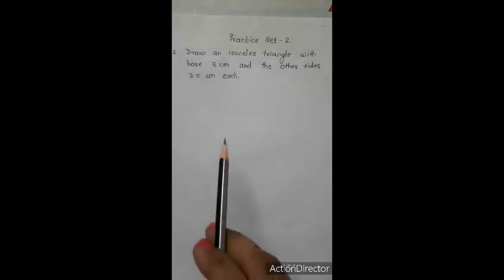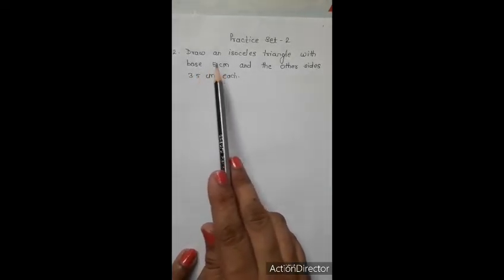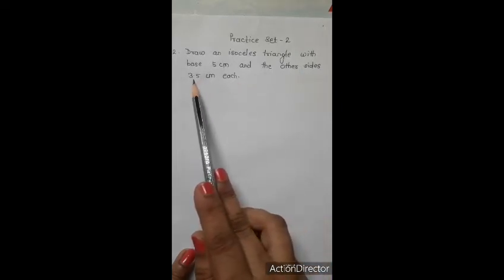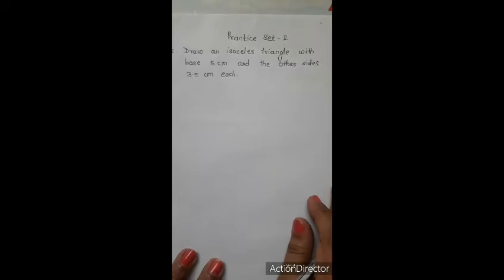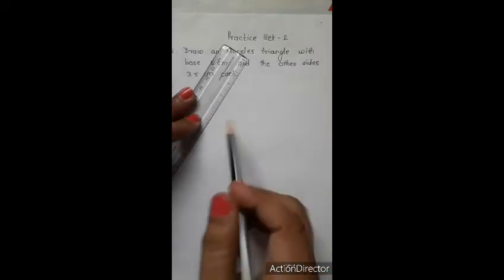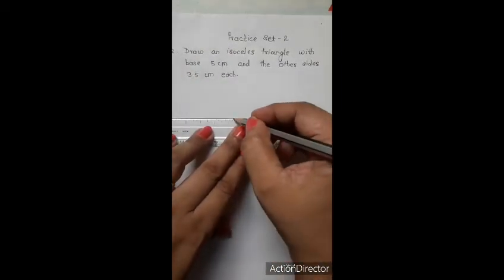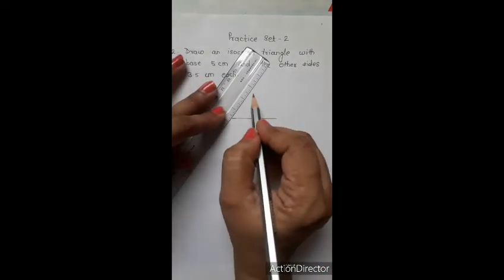So in this question, if the base is given as 5 centimeters, then obviously the other two sides will measure 3.5 centimeters. As I told you earlier, in construction you always draw the rough figure. You don't have to measure for the rough figures.